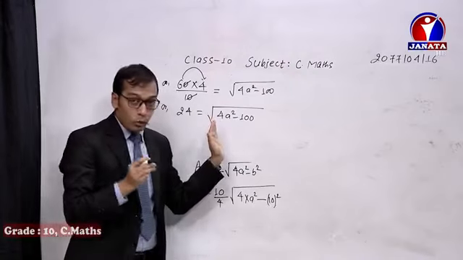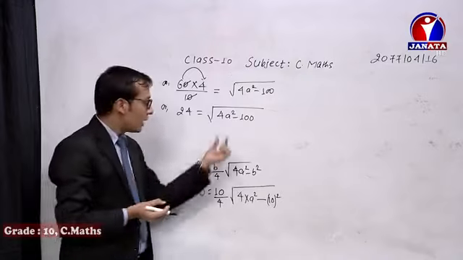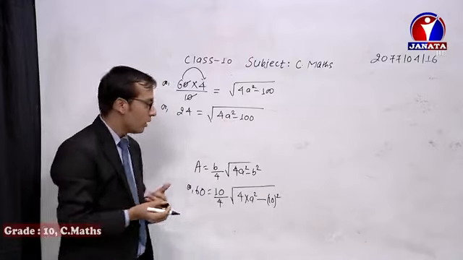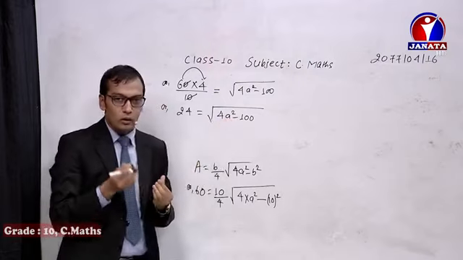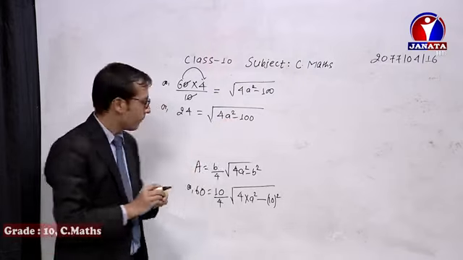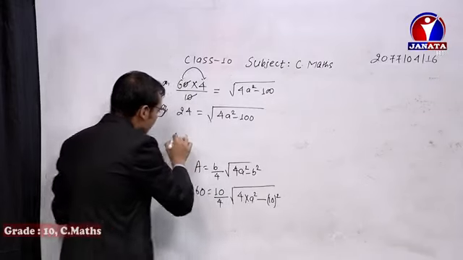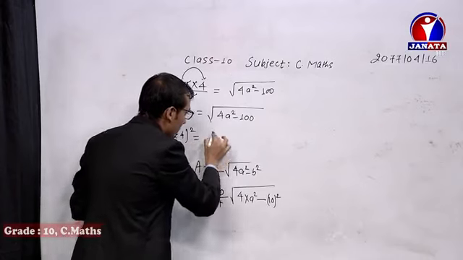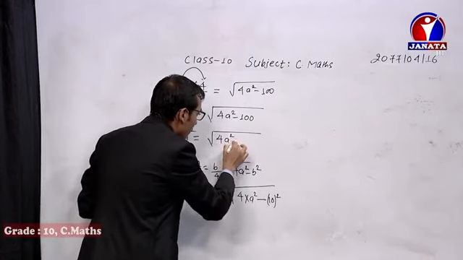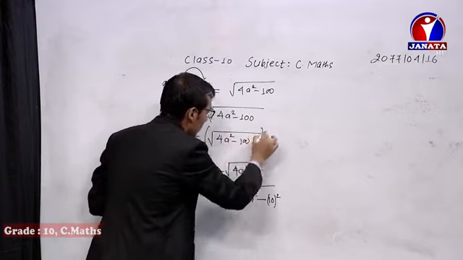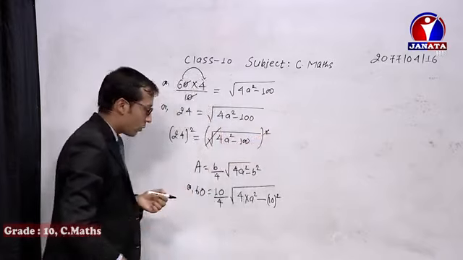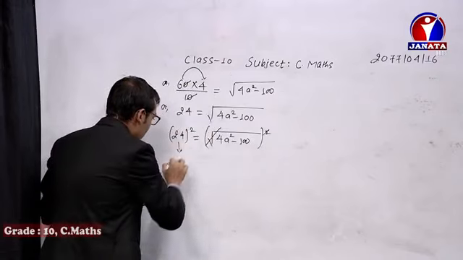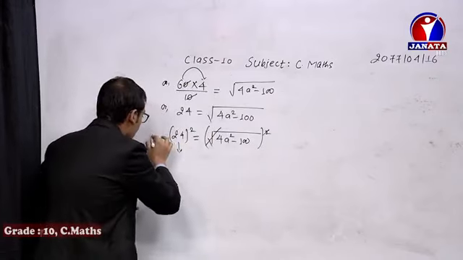Now what are we actually finding? We are calculating the value of a, which is under the root. So to calculate the value of a, we square both sides. 24 whole square is equal to 4a square minus 100. We can cancel the square and root. What is 24 whole square?